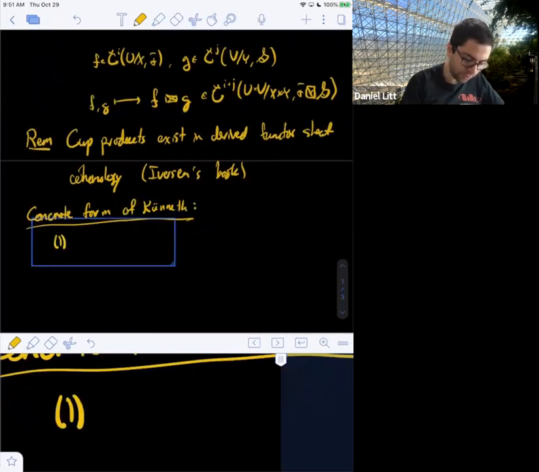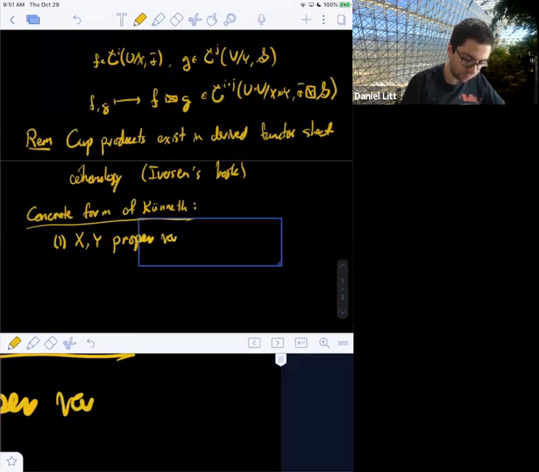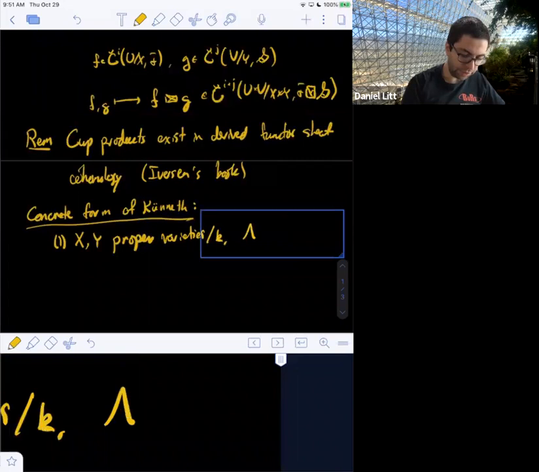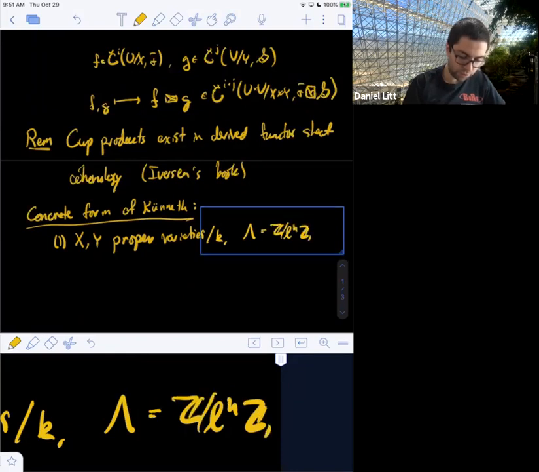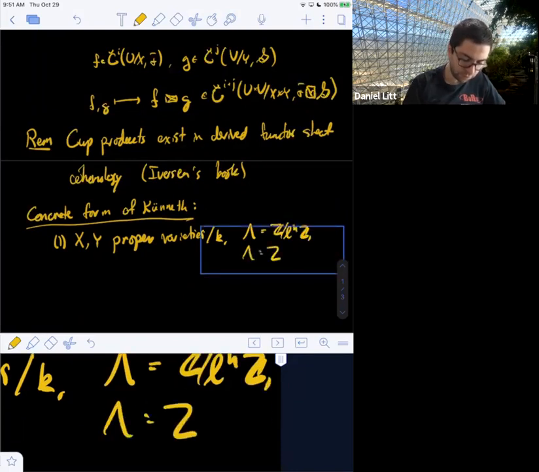One is, suppose X and Y are proper varieties over K, and lambda is either Z mod L^n Z or Z_L. Meaning the Z_L sheaf.